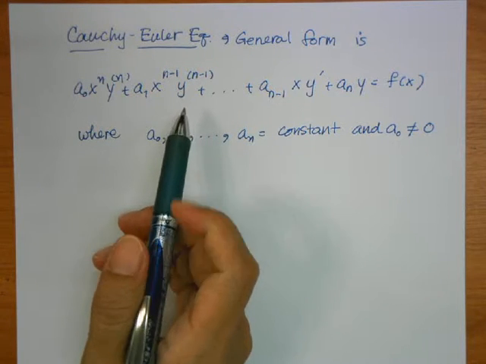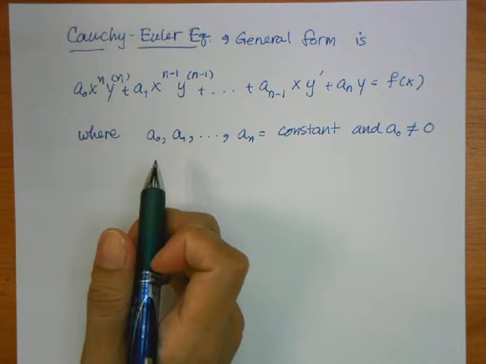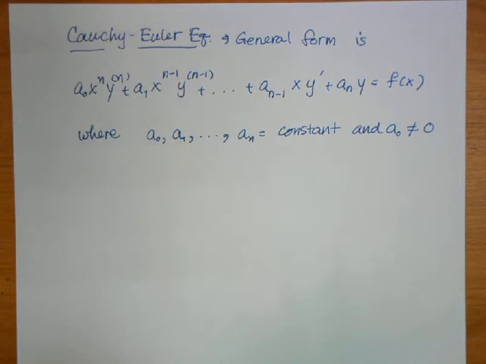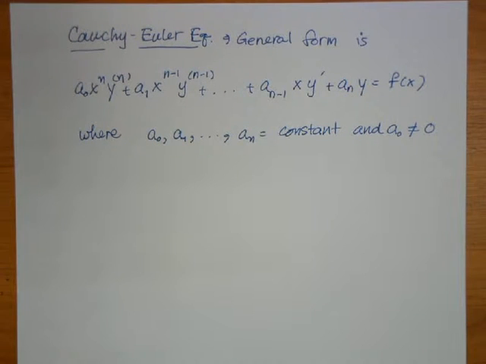But you can still use the reduction of order. However, as I told you before, reduction of order works with second order differential equations. If the order is higher than second, it would be difficult because you have to reduce every time until it goes to the first order differential equation.